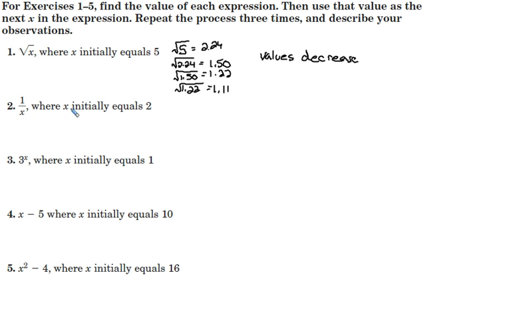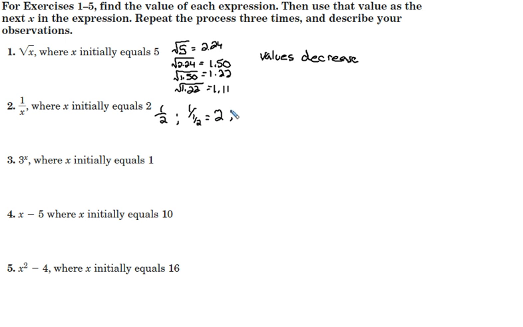The function's 1 over x, where x initially equals 2. So if we just put 2 in for x, we have 1 over 2. Okay, so that's our first one. Here, I'll write this a little bit differently this time. Then we're plugging in 1/2 to 1 over x. So what we have here is 1 over 1/2. 1 over 1/2 is written as 2.